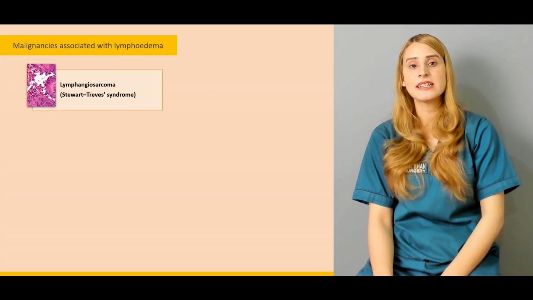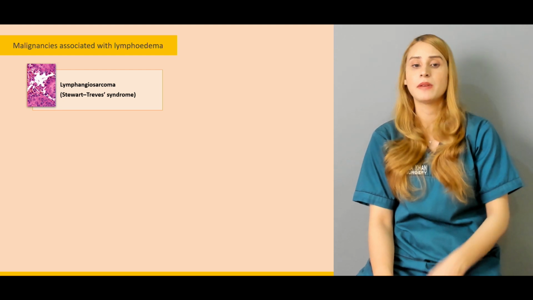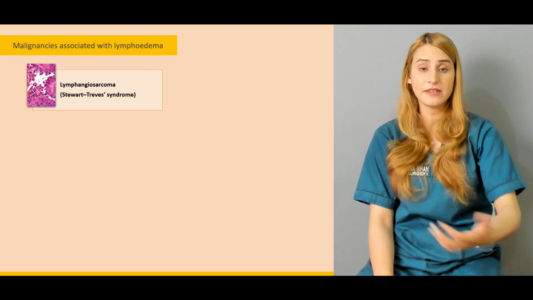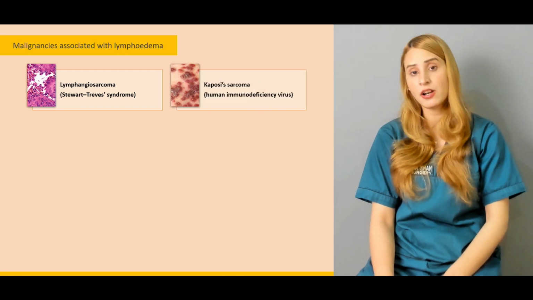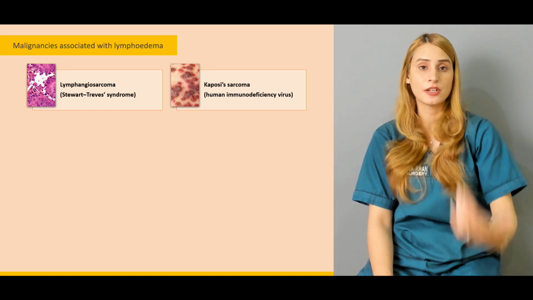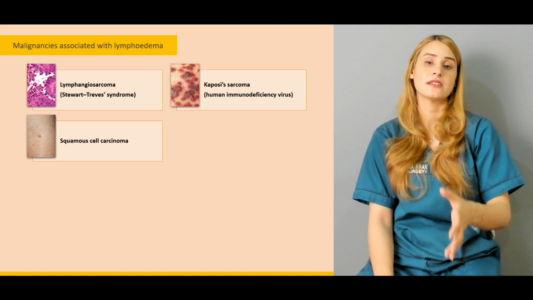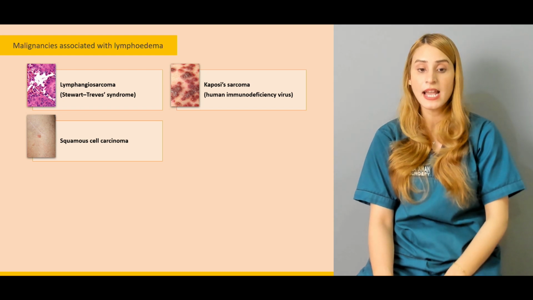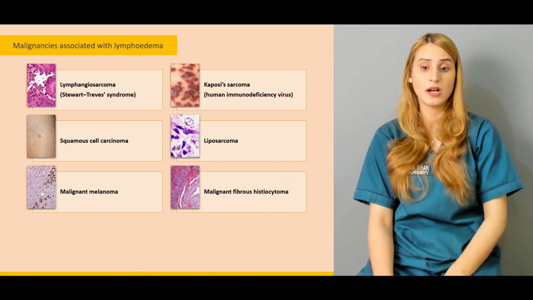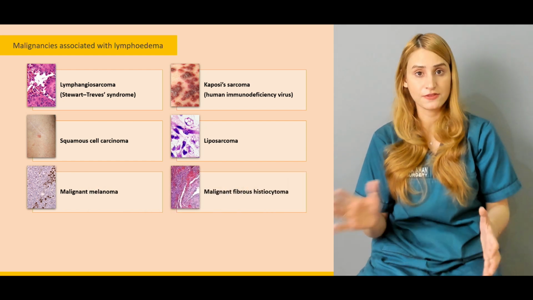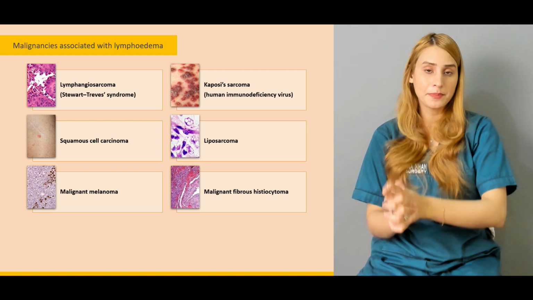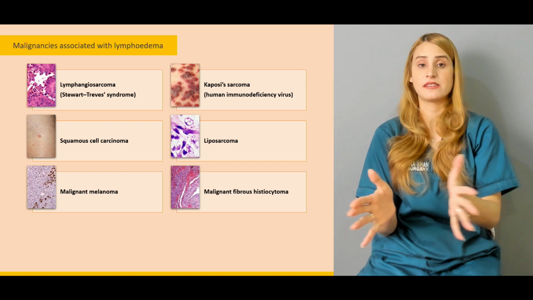There are some malignancies which are related to lymphedema. I have already discussed them a couple of slides back, but I'm going to repeat it for you. Lymphangiosarcoma, Kaposi sarcoma especially, which occurs in immunodeficiency states like acquired immunodeficiency syndrome, because of the human immunodeficiency virus. Squamous cell carcinoma, liposarcoma, malignant melanoma, and malignant fibrous histiocytoma, but most commonly lymphangiosarcoma, Kaposi sarcoma, and the squamous cell and basal cell carcinomas.